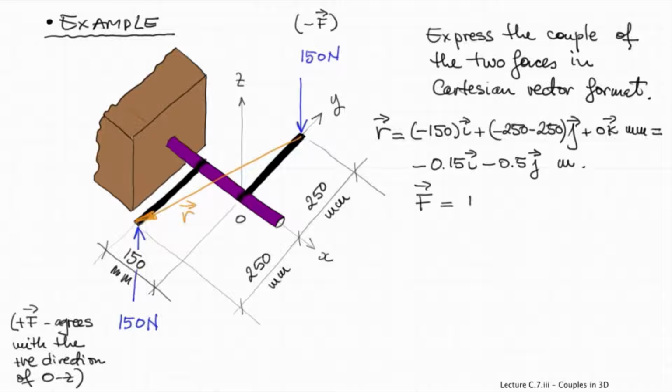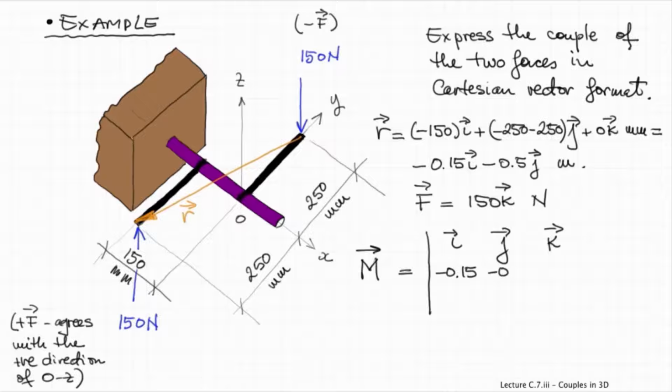The forces are parallel to the z-axis, so we can express them as 150k newtons. Therefore, the moment of the couple is equal to the determinant i, j, k, and then the components of R, negative 0.15, negative 0.5 and 0, and then the components of the force, 0, 0, 150.